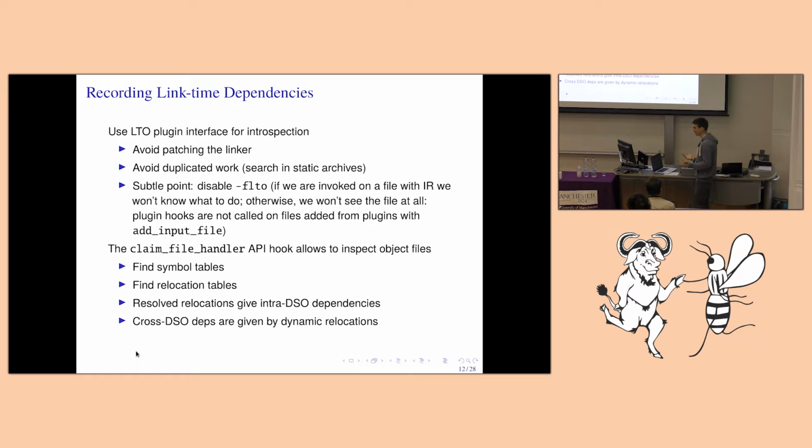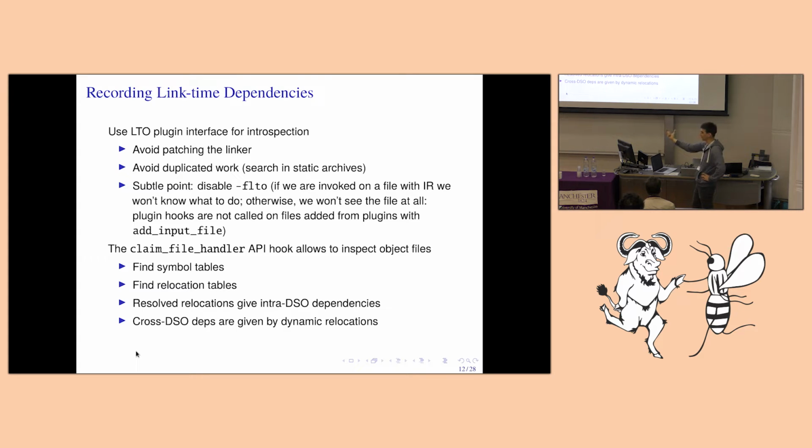So in theory, you could do whatever you want with this interface, which it allows. But if there is an LTO plugin already present, then we are in a predicament.